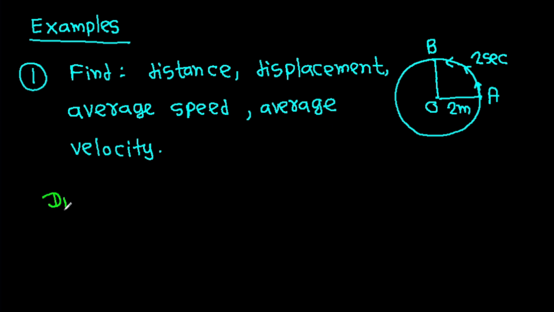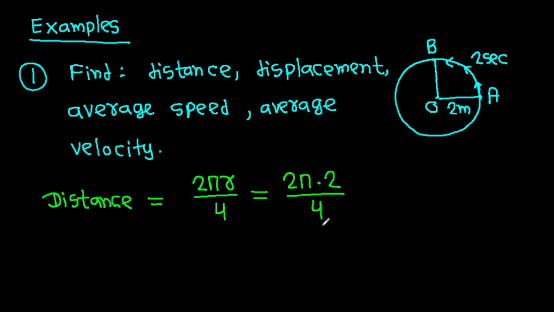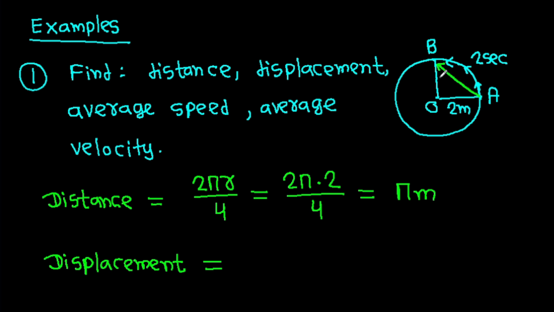So distance, it will be simply circumference 2 pi r divided by 4, that will be 2 pi times 2 divided by 4, that will be pi meter. And displacement, if we join A to B, then OB will also be 2.